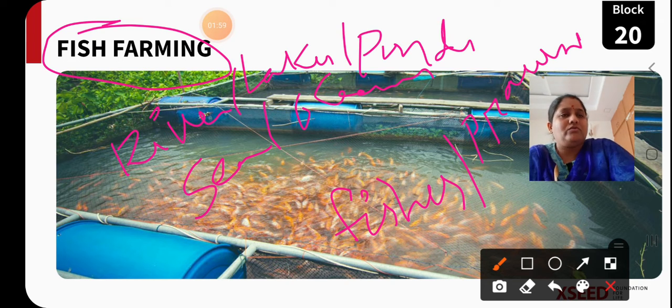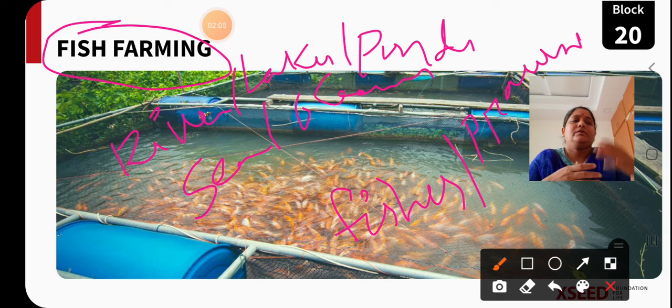Now in the fish farming method, the main purpose of doing fish farming is to collect the fishes, to sell them in the market so that we can earn money. That is the main motto of fish farming. In this fish farming method, fishes are reared in areas either in natural water bodies like seas or freshwater bodies.